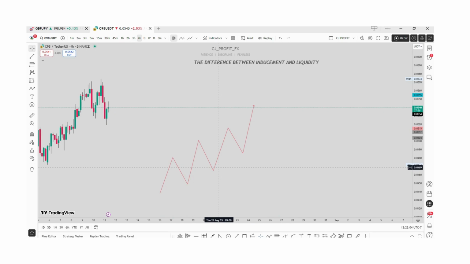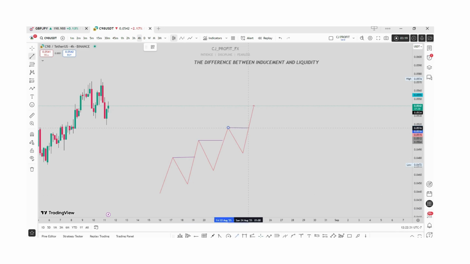Here the market is going in an upward direction. You know the characteristics of a good uptrend, where it will be breaking out structures and creating lows. So at that point, let's say this area is our breakout structure, and this area is our breakout structure, and this area is also a breakout structure.